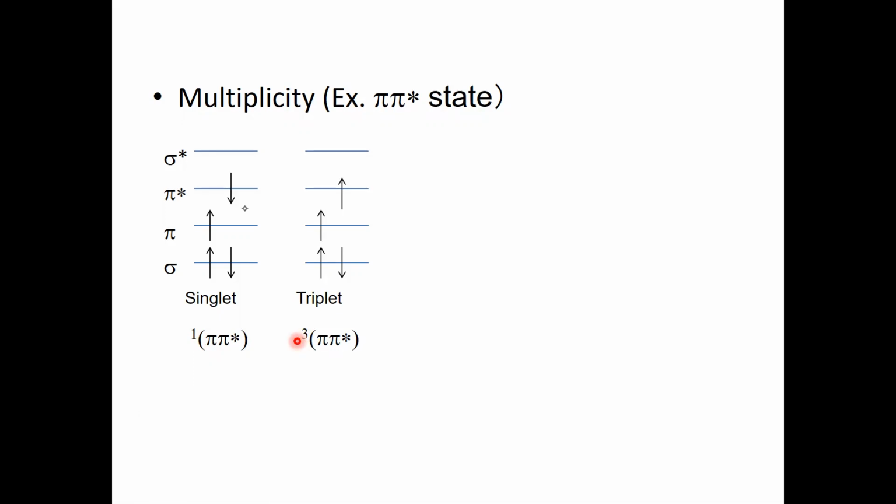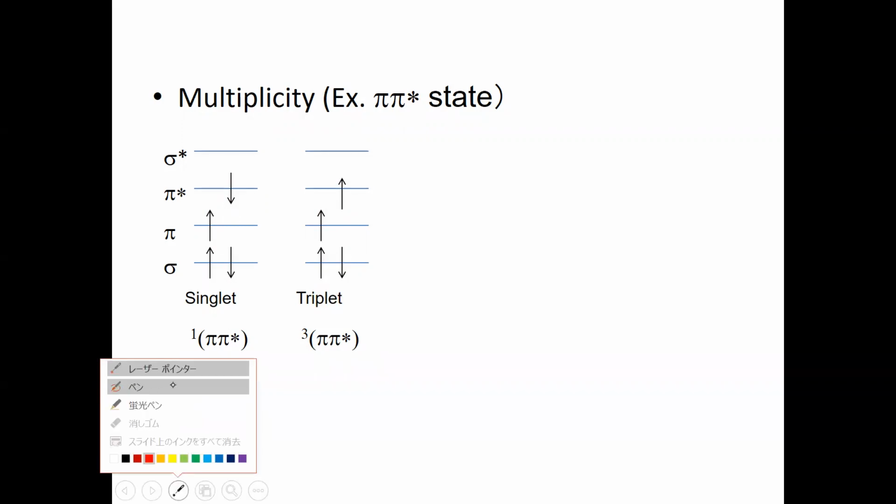I've also already mentioned how the spin state of the excited electron decides which one. When the excited electron's spin is opposite to the original one, it is called the singlet state. And if it is parallel, it is called the triplet state.